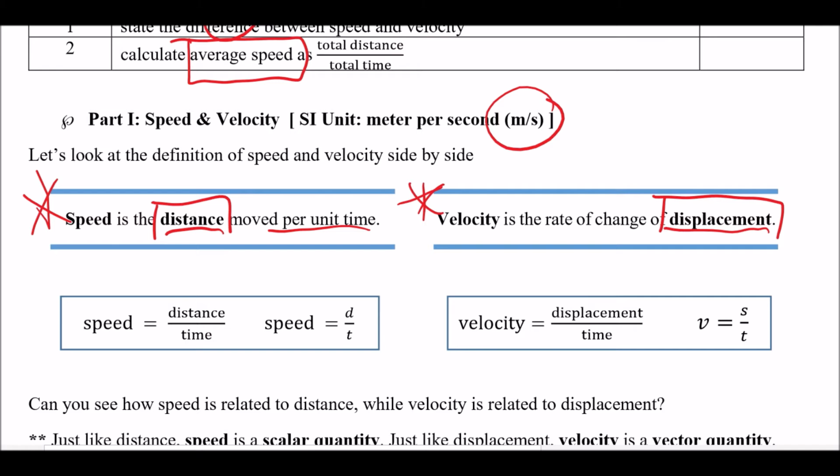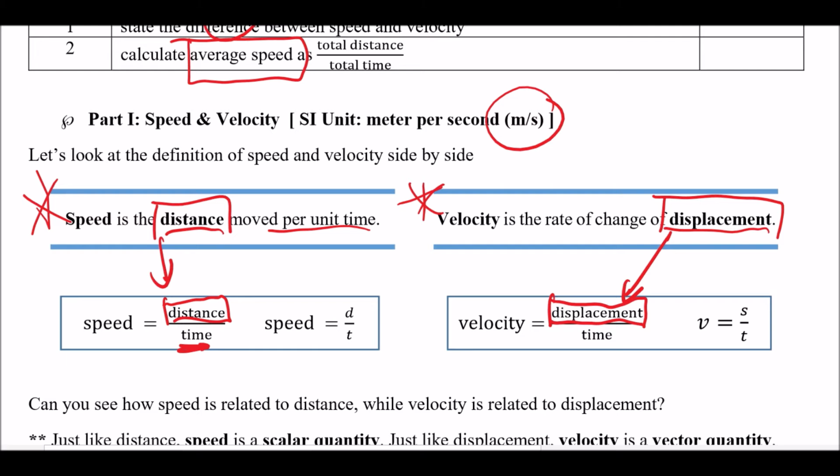If you memorize the definition, you would very quickly see that the definition describes the formula. Speed is the distance traveled per unit time, distance over time, d over t, while velocity is the rate of change of displacement.